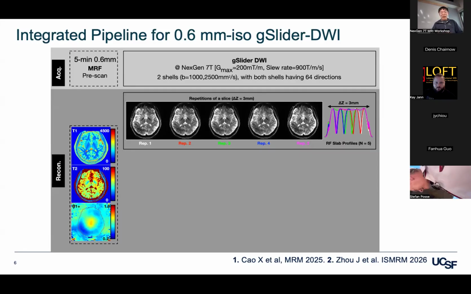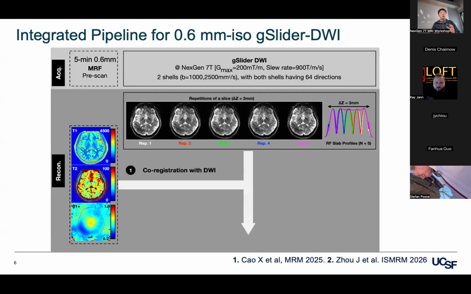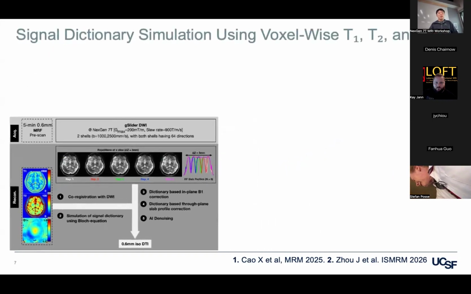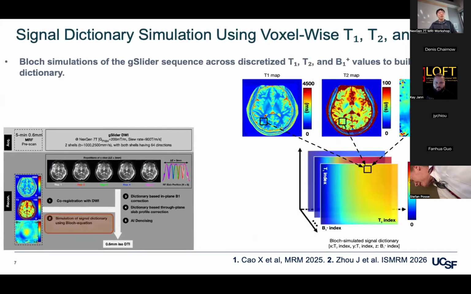After the gSlider acquisition, first, we co-register the quantitative maps with the diffusion data. Then we do the simulation of a signal dictionary using the Bloch equation. Based on that, we perform in-plane B1 correction and the through-plane slab profile correction, followed by AI denoising. With this pipeline, we can generate 0.6 millimeter isotropic DTI with improved image fidelity.